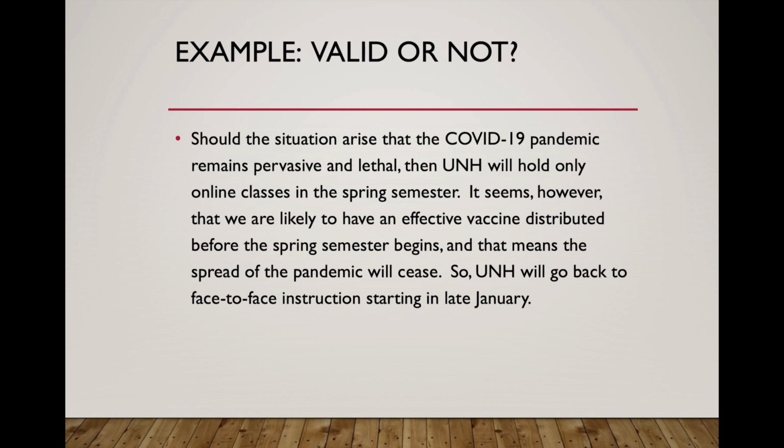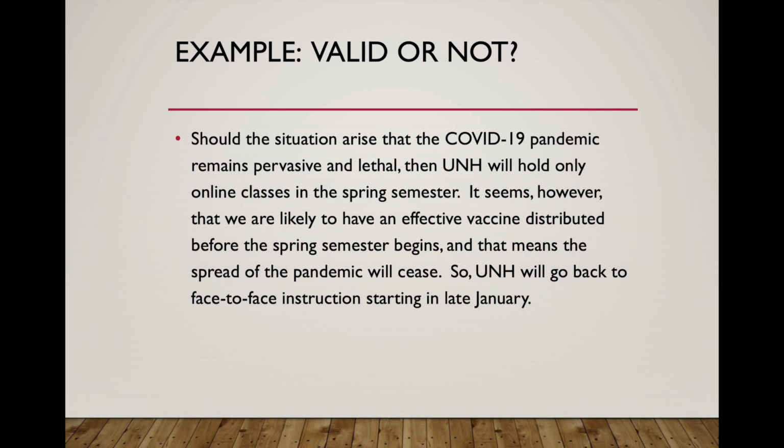So we need to look for a second premise. And so as we read on in the argument, it seems, however, that we're likely to have an effective vaccine distributed before the spring semester begins, and that means the spread of the pandemic will cease. So in this sentence, we actually have that second premise and evidence in support of the second premise. So the second premise can be found after the argument indicator "that means," right?